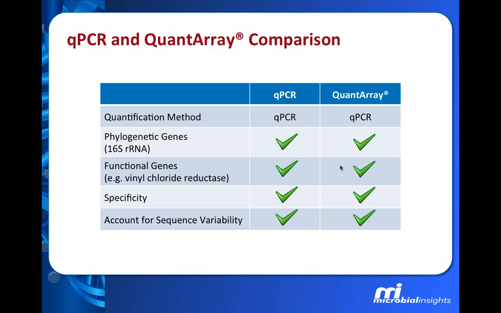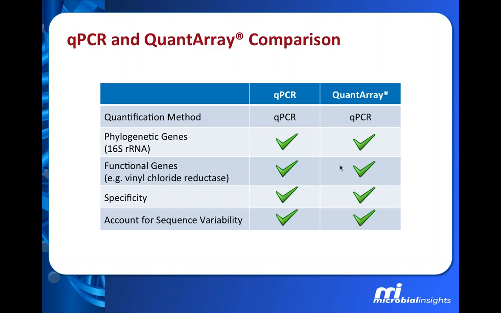It's used to quantify the 16S genes, like we talked about, for taxonomic identification where we can get the name of the organism. But unlike almost all microarrays, we can quantify functional genes. And those are really important, as we mentioned, especially for things like petroleum degradation. We don't care who the organism is, we care about that function. We'll talk about it a little more later.